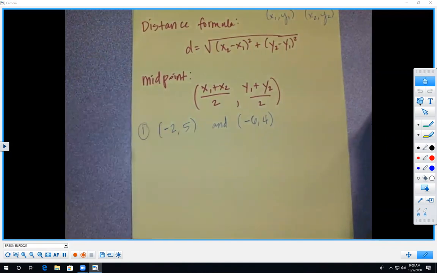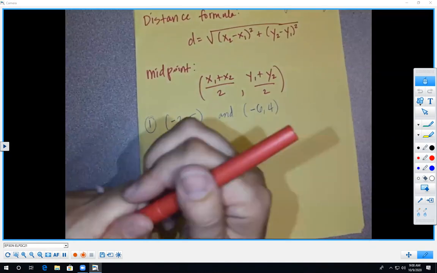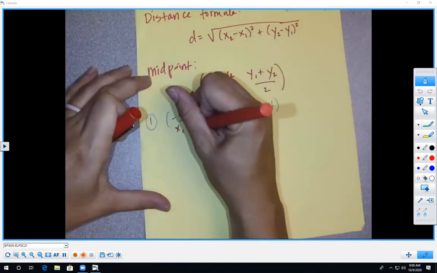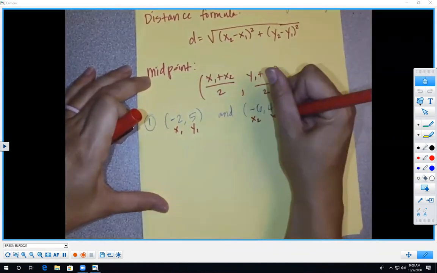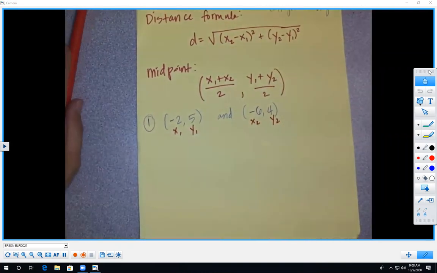We want to find the distance and the midpoint between these two points. So let's go and label them x1, y1, x2, y2, and we're going to plug them in our formula.